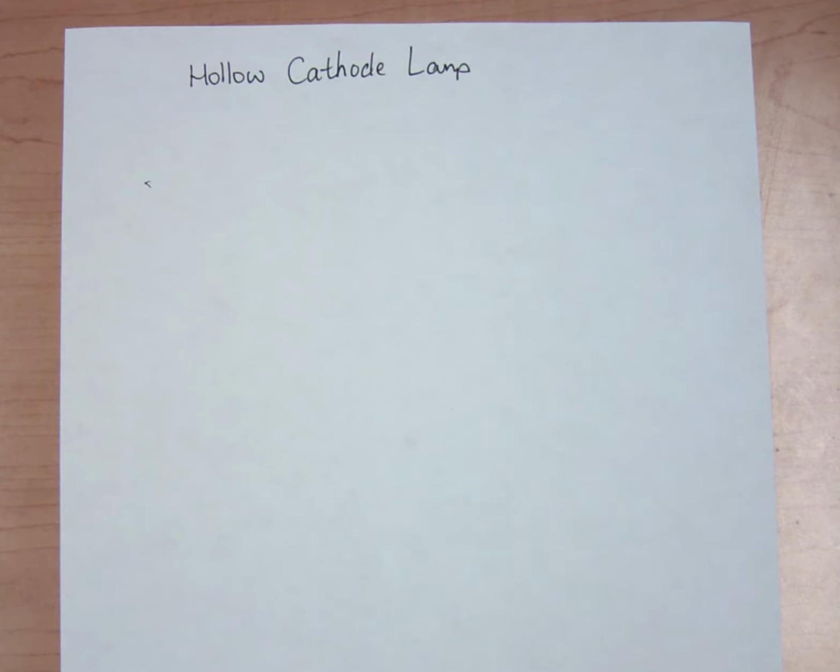However, with atomic absorption, these bandwidths are so very sharp. We're looking at 10 to the negative fourth nanometers, and our monochromators are simply not precise enough for that. The limit to a grating monochromator is about 10 to the negative third or 10 to the negative second nanometers.